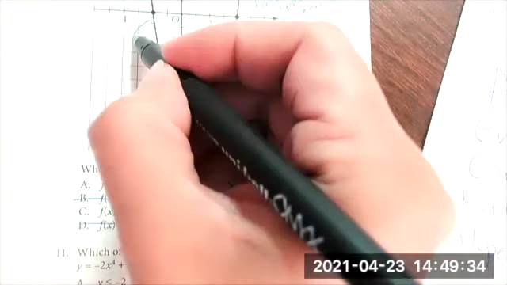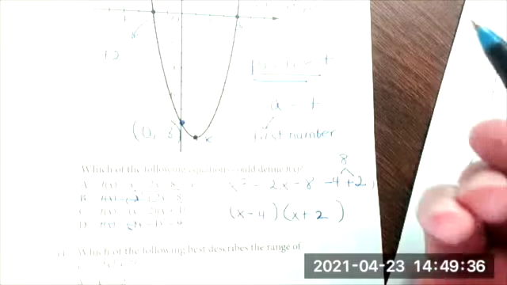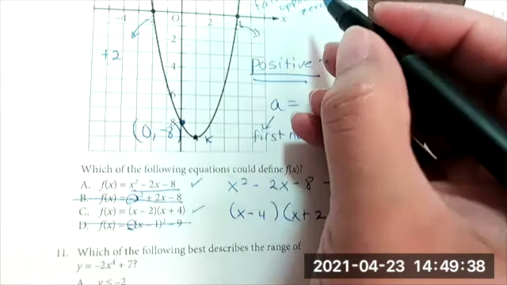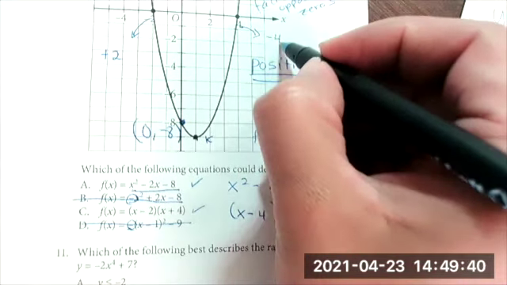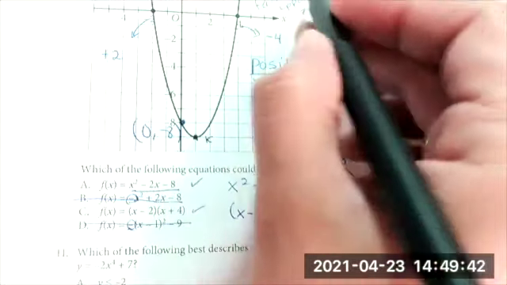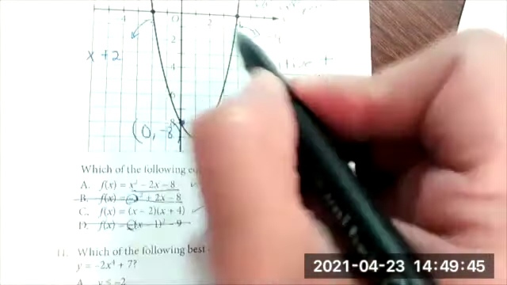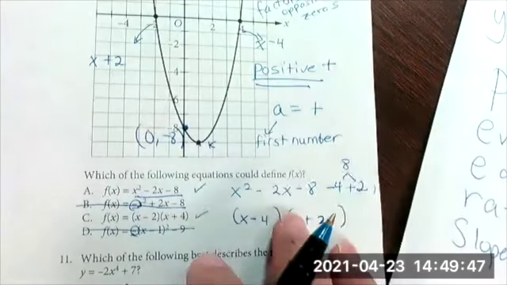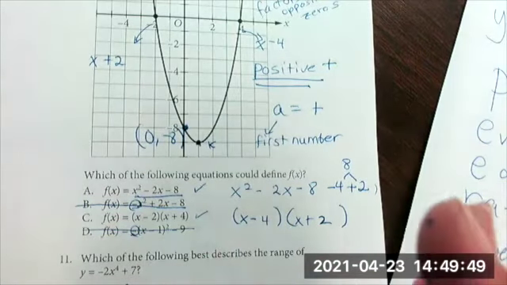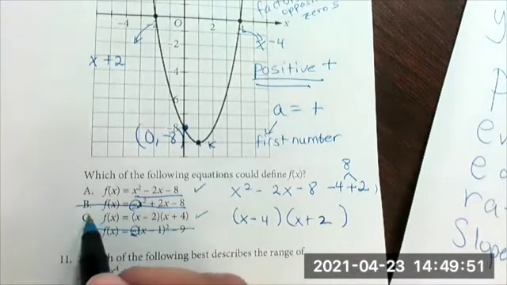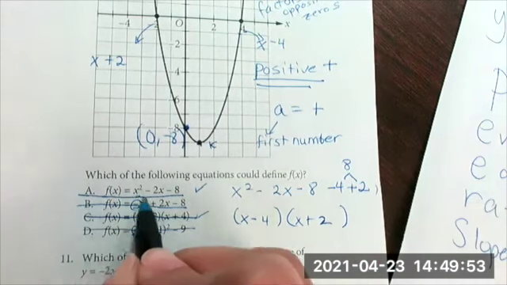The opposite of -2 is +2, and the opposite of +4 is -4. So your factors are the opposite of your zeros. So this is going to be x plus 2, and this one's going to be x minus 4. So once you do that, you can eliminate this one, which is going to be A.